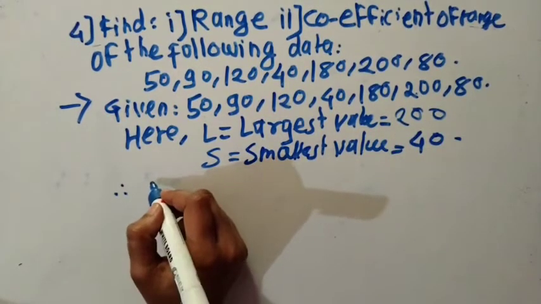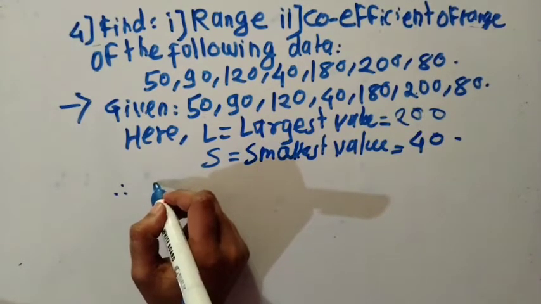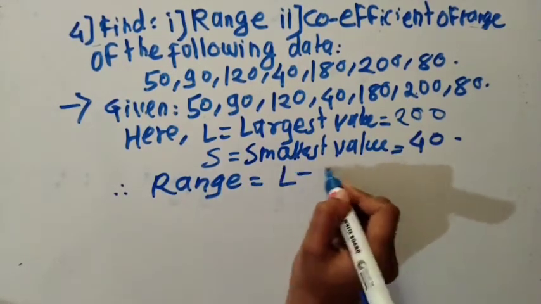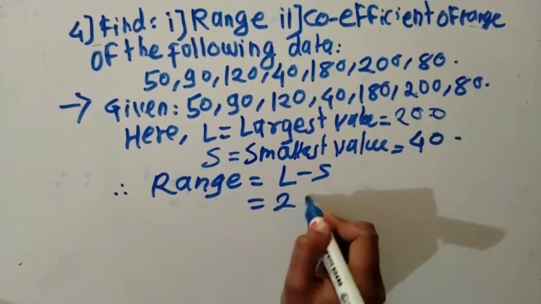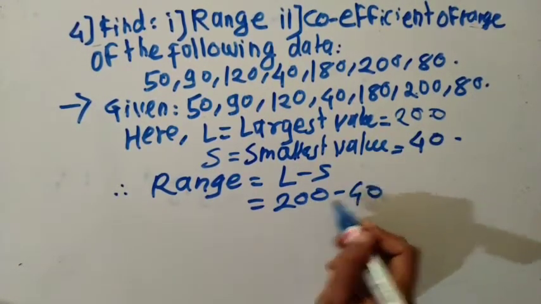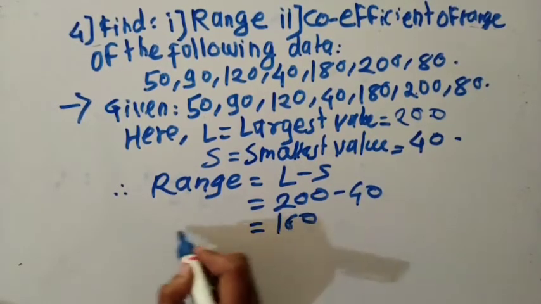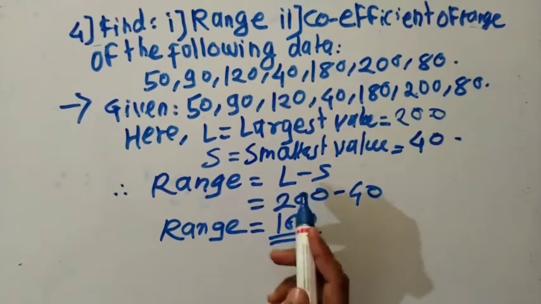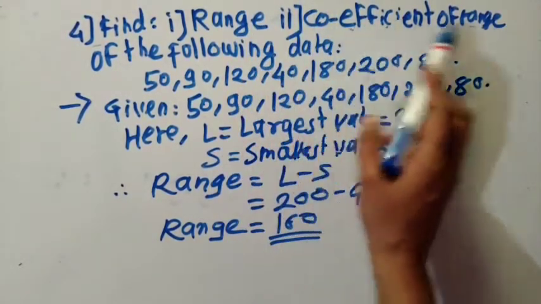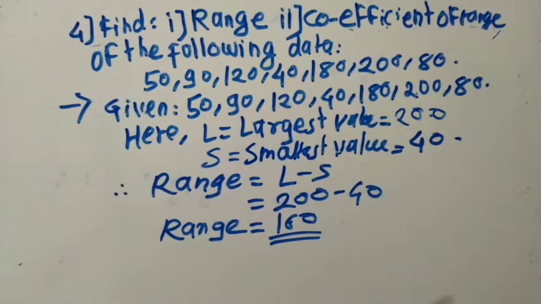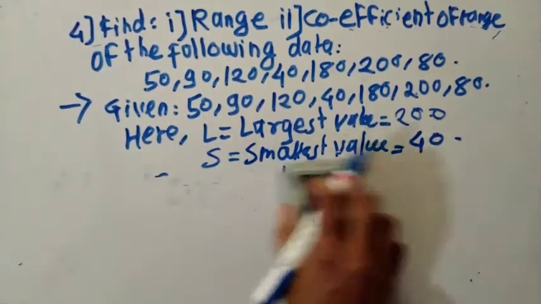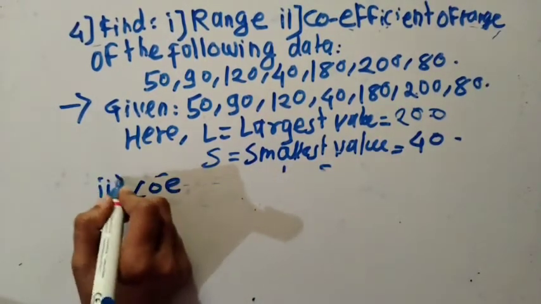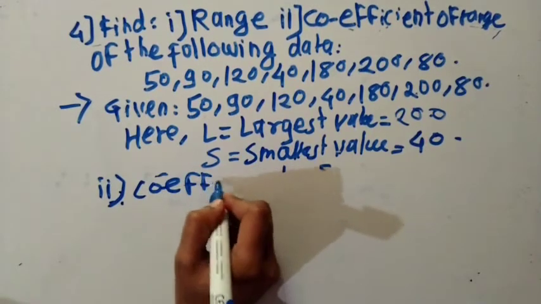Hence range is equal to L minus S. So 200 minus 40 is equal to 160, which is the range of this data. Then we find out coefficient of range.